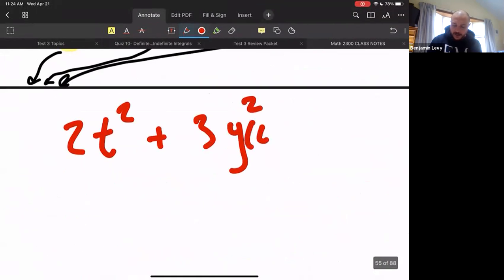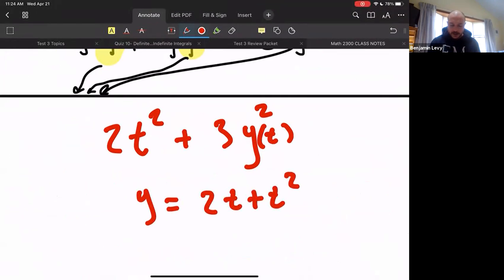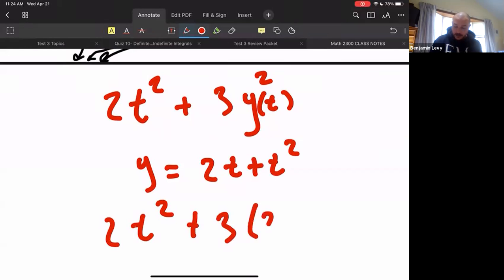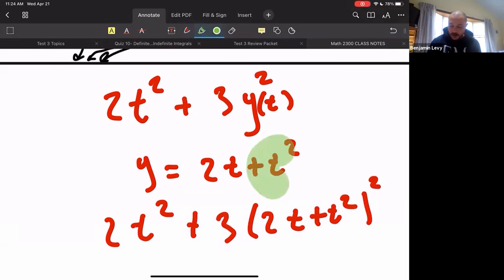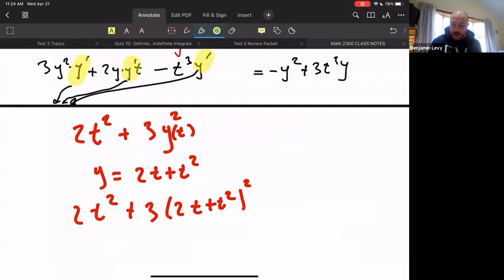But y itself is a function of t. Let's pretend that y is 2t plus t squared or something like that. So we could rewrite this as this.